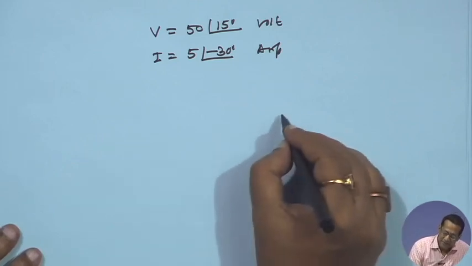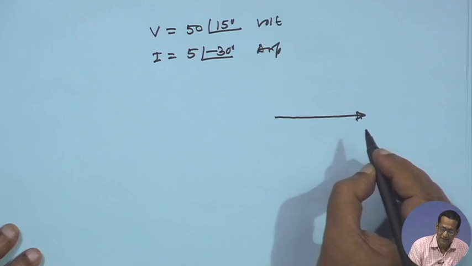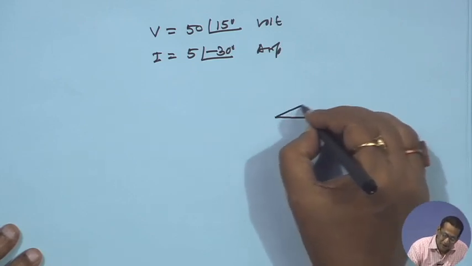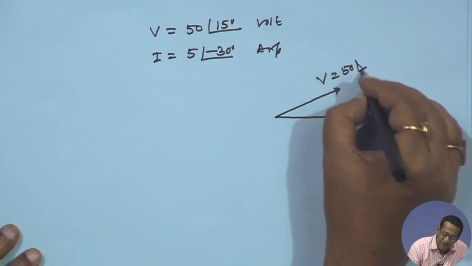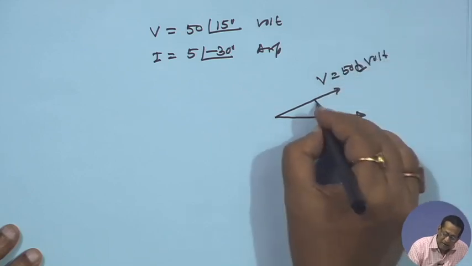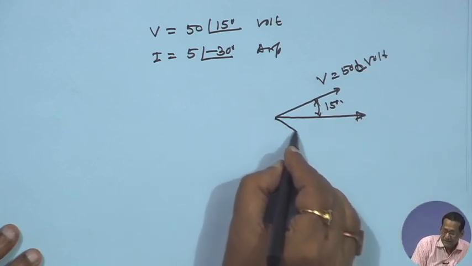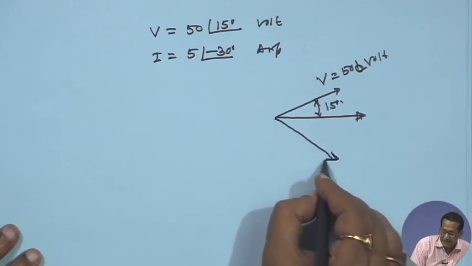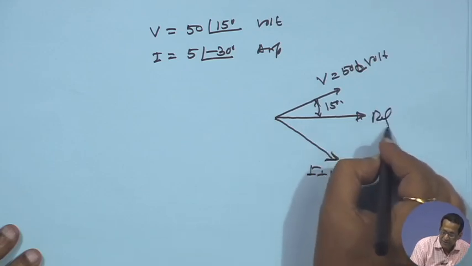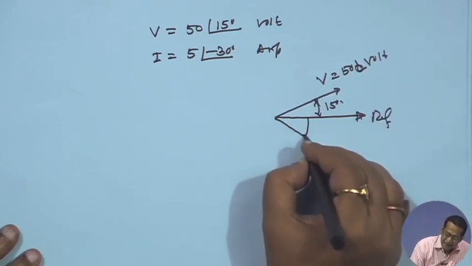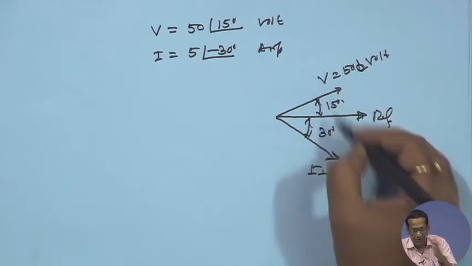Take a reference line, and from that, V is equal to 50 volt at 15 degree, and on this side is the current, I is equal to 5 ampere, at 30 degree. Then what is the angle between voltage and current?